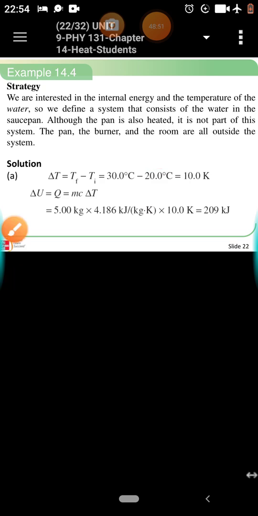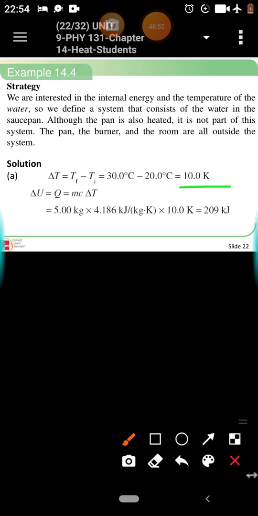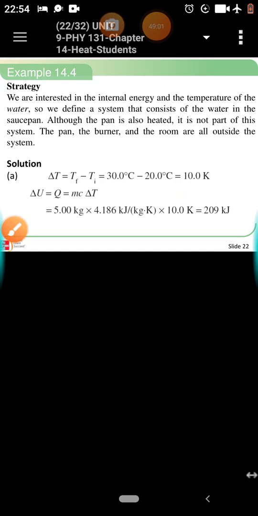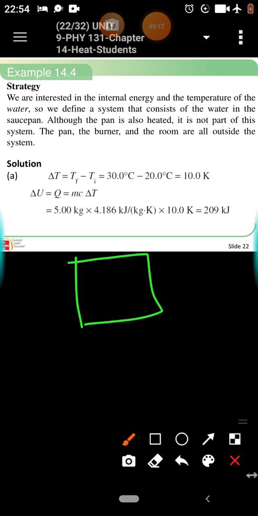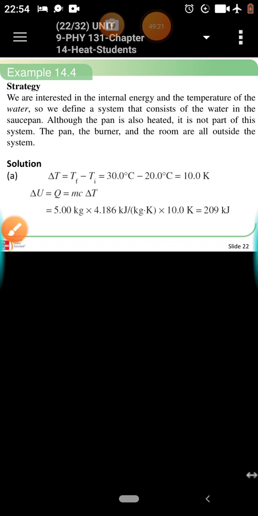So this will be 10 Kelvin, and then the change in internal energy, which is equivalent to the thermal energy of the system, because there's no additional energy other than the thermal energy due to what is inside the system, which in this case is the water inside the saucepan.